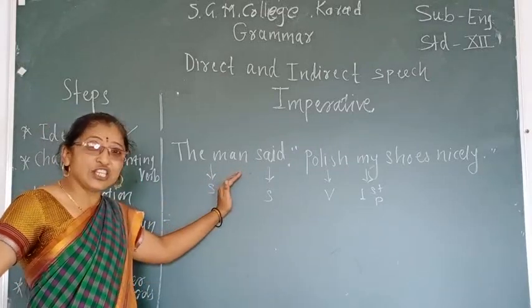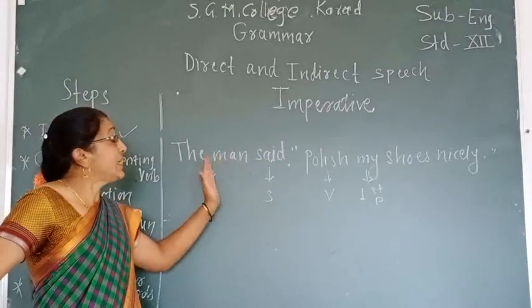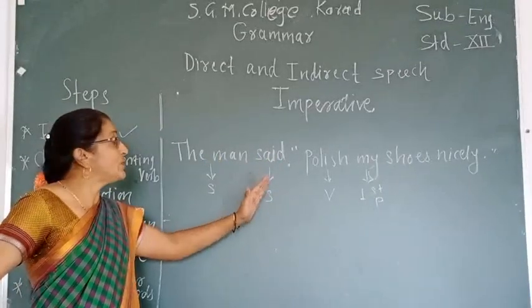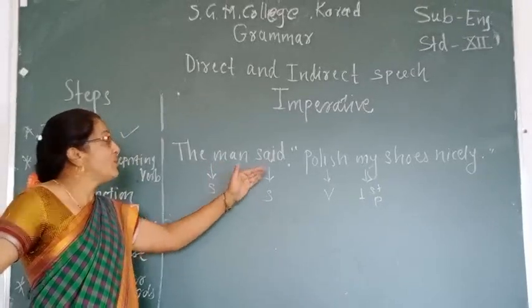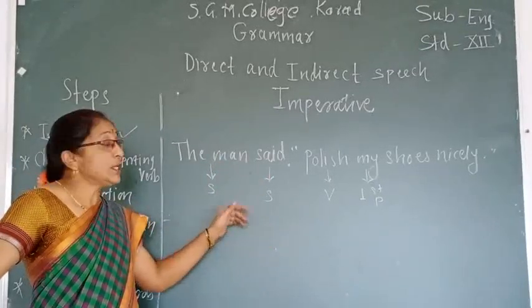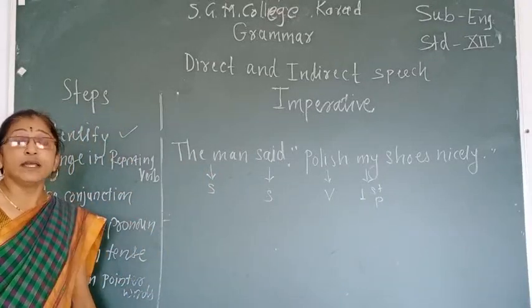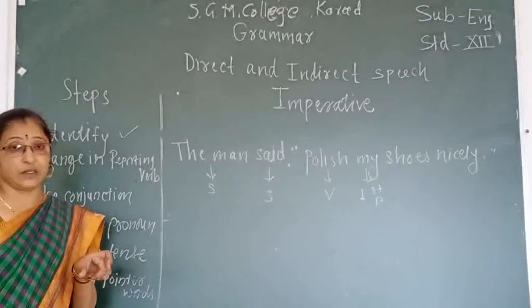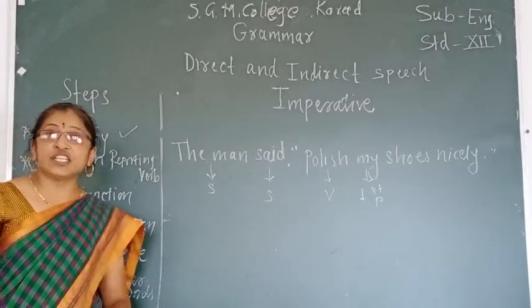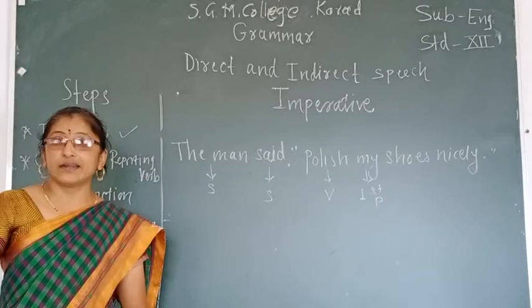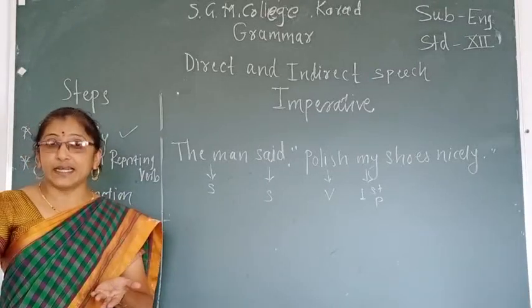If there is a suggestion, we use "suggested." If there is advice, we use "advised." If there is the word "please," we use "requested." We use reporting verbs such as ordered, suggested, advised, requested.